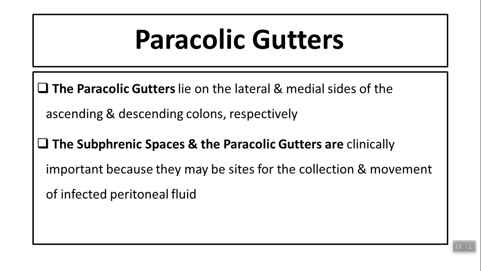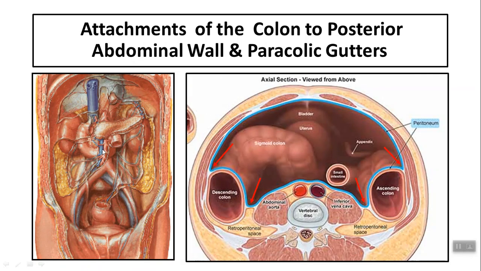As we said, the subphrenic spaces and the paracolic gutters are clinically important. Why? Because there is a continuity in between them, and they may be a site for the collection and movement of infected peritoneal fluids. Here we see the descending colon, and the ascending with descending colon, and this site of reflection of peritoneum covering the colon.